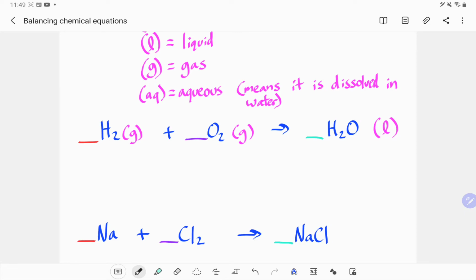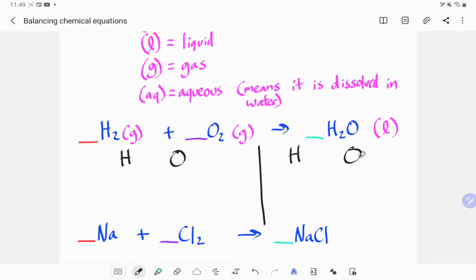The first thing we're going to do is write down the different elements that we have in this chemical equation. Every element that is on the left side of the equation, the reactants, is also going to be on the right side of the equation, the products. So here on the reactant side, I have hydrogen and I have oxygen. On the product side, I don't hardly even need to look at it, because I know that I'm going to have the exact same elements.